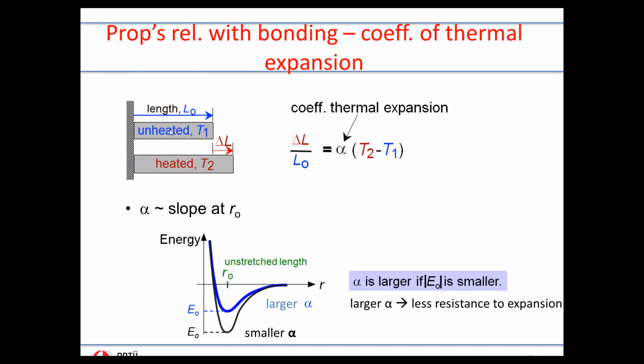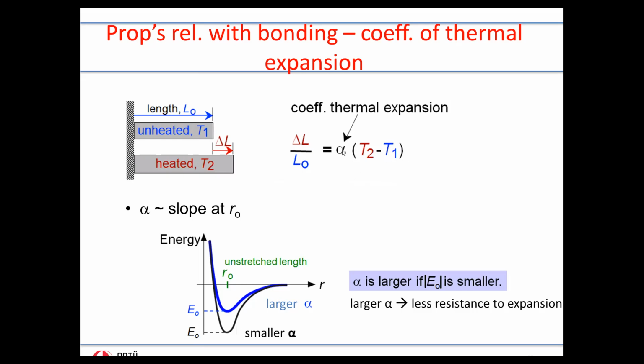In reality, this increase is not just a single linear increase, but rather a three-dimensional increase. But in this case, for simplicity, we just focus on a linear case. So the change in length, delta L, divided by the original length, L naught, is equal to a coefficient related with the ease or difficulty with which thermal length change happens, times the difference in temperature applied, so delta T, or T2 minus T1.